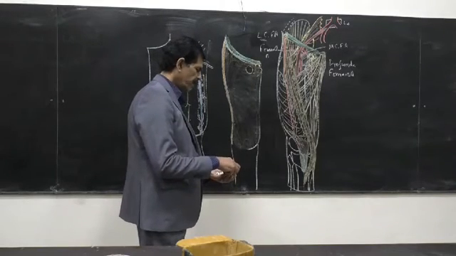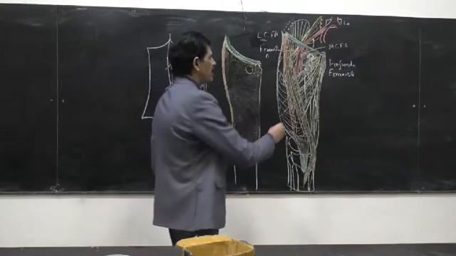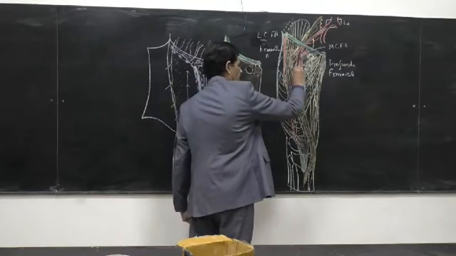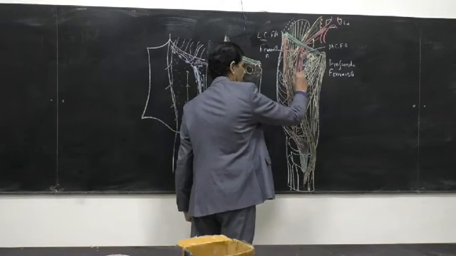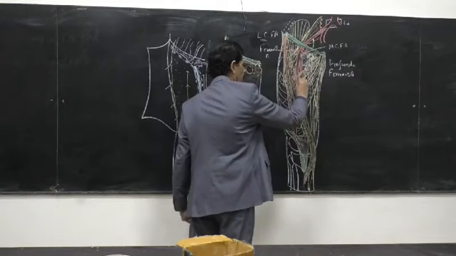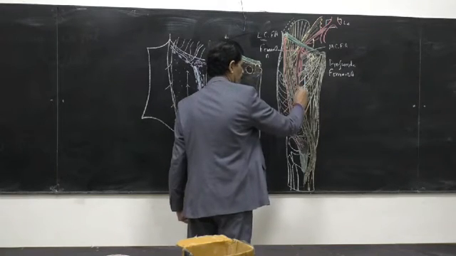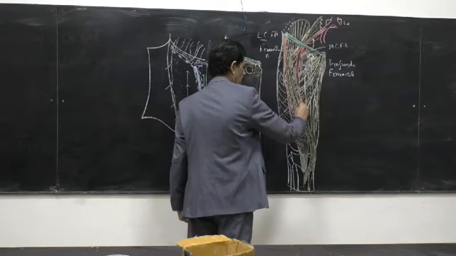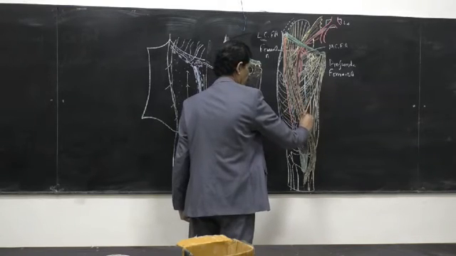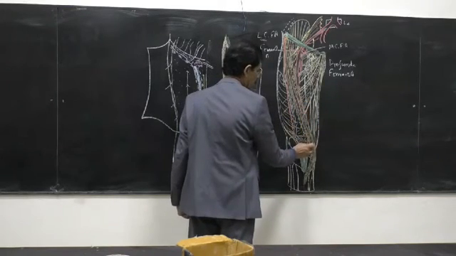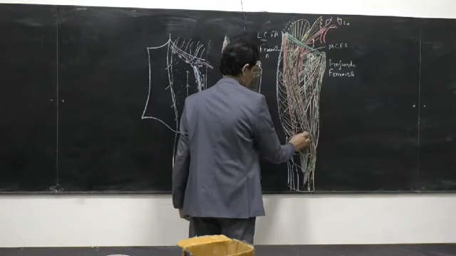After giving these branches, the femoral artery then passes in the middle one third of the thigh behind the sartorius muscle, and it runs towards the hiatus magnus.